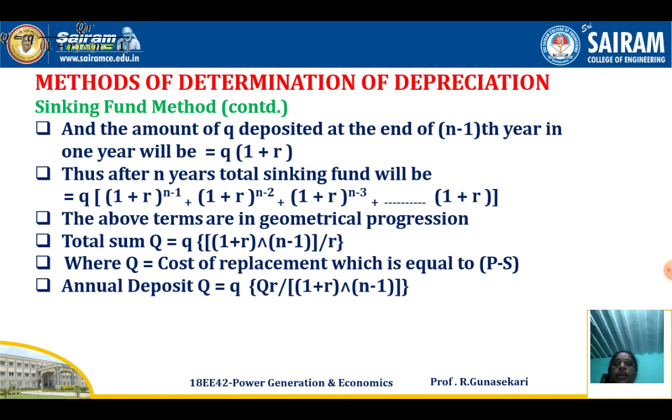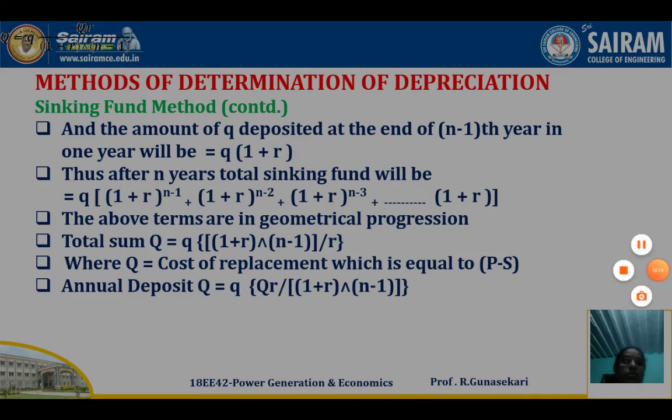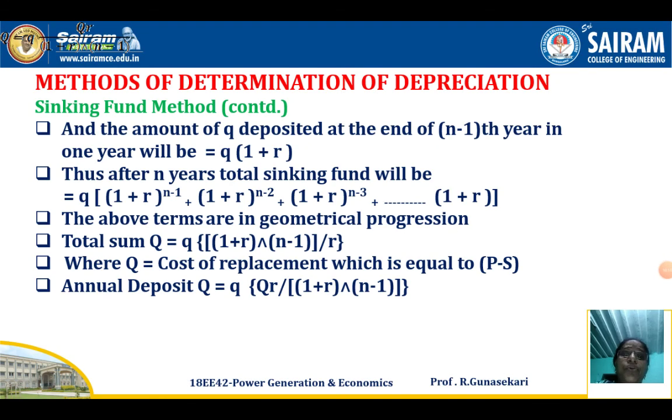Then, continuing the sinking fund method, the amount of Q deposited at the end of the n minus 1th year in 1 year will be Q into 1 plus r only.